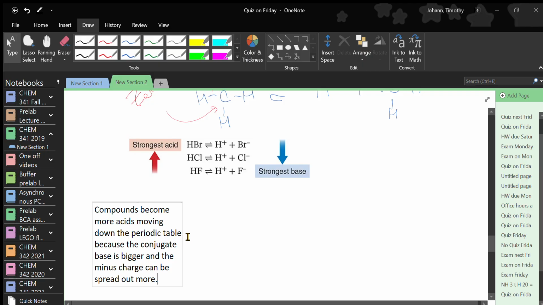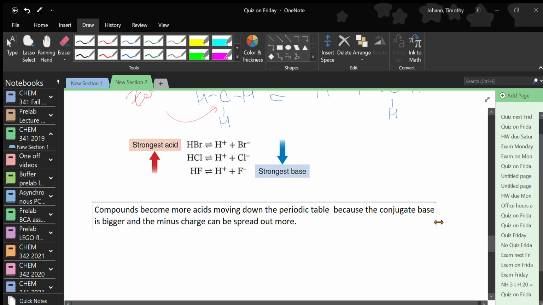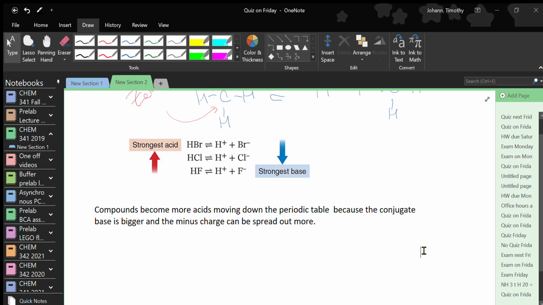We can think about this in various ways. But when we look at this example right here, with bromine, chlorine, and fluorine, we get more acidic as we move down the periodic table, because those electrons have more space to move around.